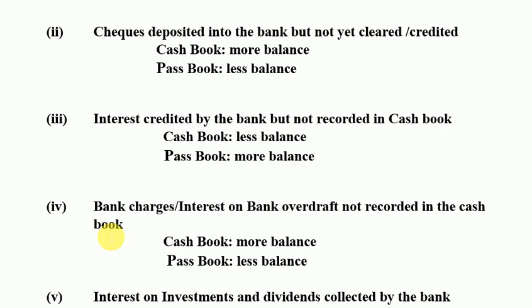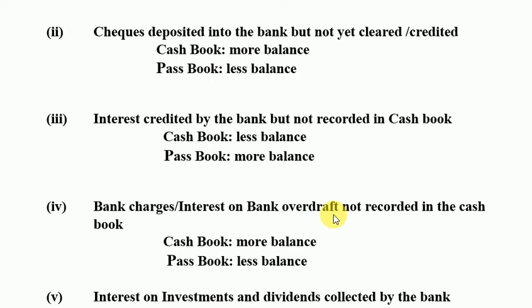So bank charges are charged by the bank for the service rendered to its customers, that is the businessman who operates a current account. Now bank debits the account holder's account in its books. When I say debit, it means in the withdrawal column the amount is written.